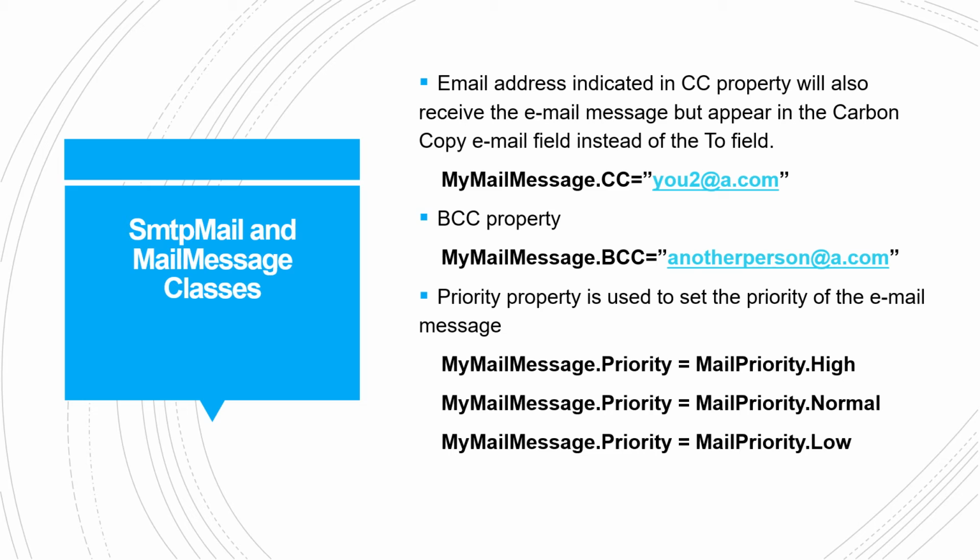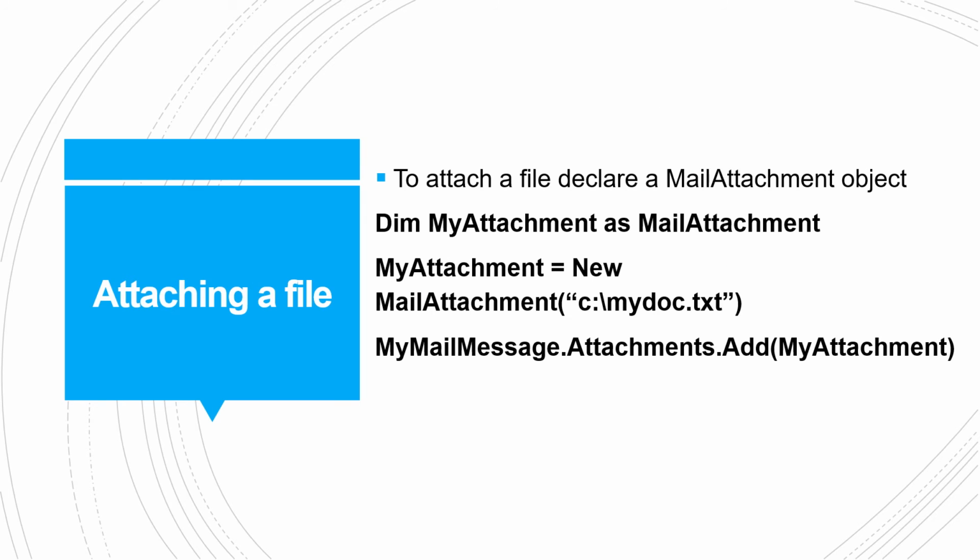You can also set the importance or priority of the email message through the Priority property. Here we have examples for setting higher priority, normal priority and low priority messages. Attaching a file. The mail message class also includes a collection called Attachments.